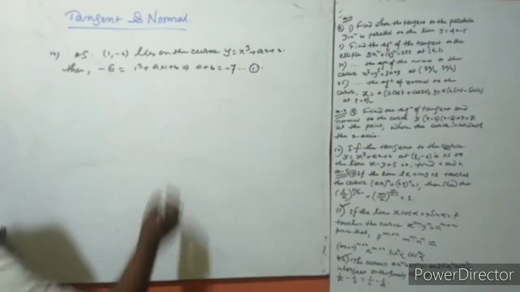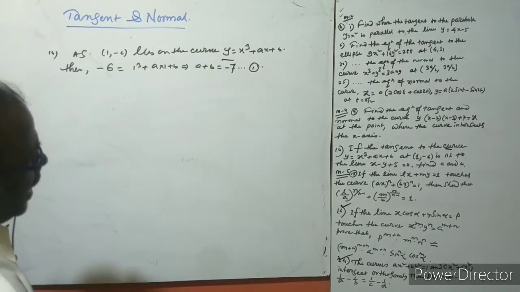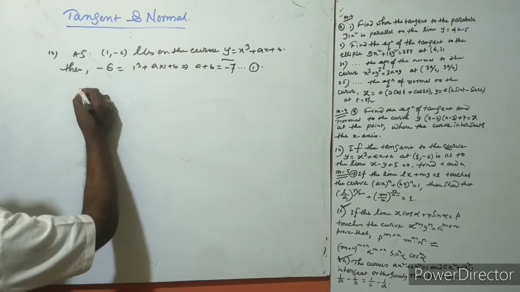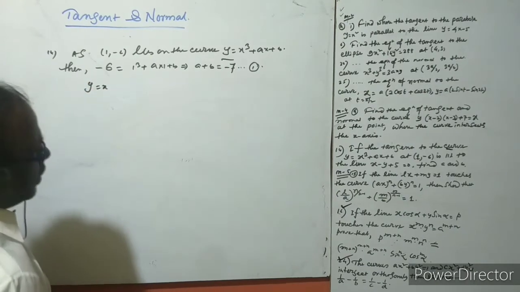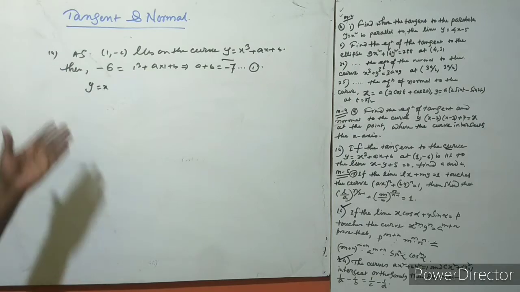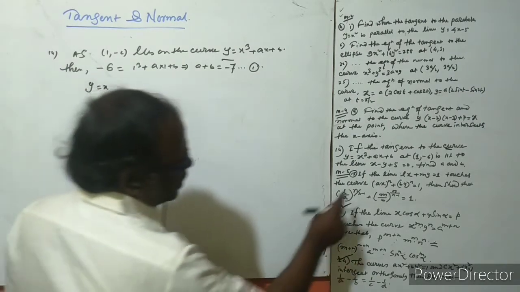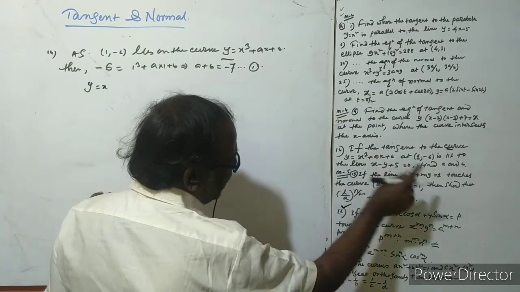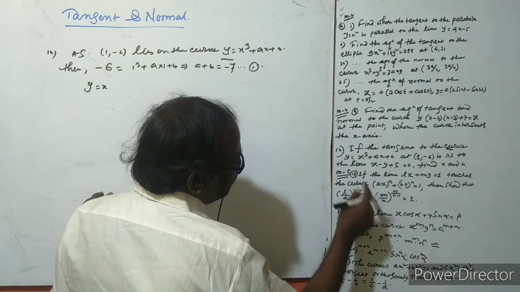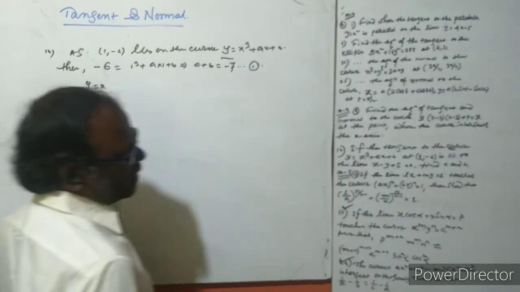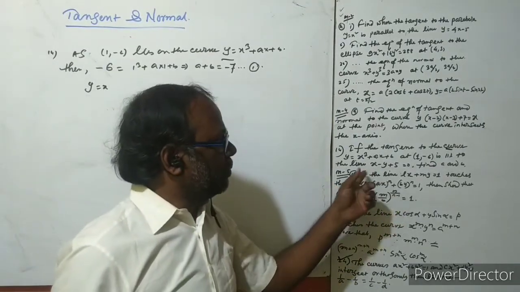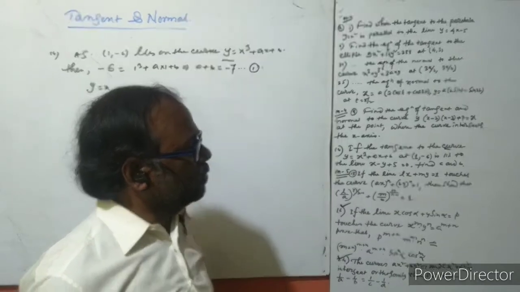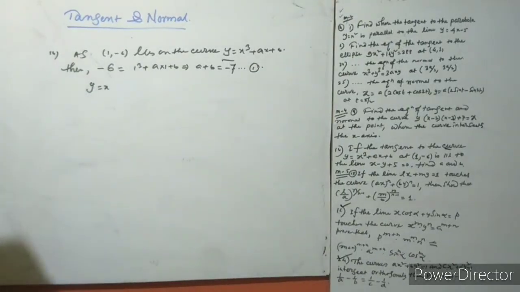And differentiate this curve at that point, that is called the slope. As this is parallel to this line, it means the tangent is parallel to this line. So if we differentiate this curve at the point 1 comma minus 6, that is called the slope, and the slopes of this line are parallel, so we find the slope of this line also, then equate them, and we find another equation in a and b.